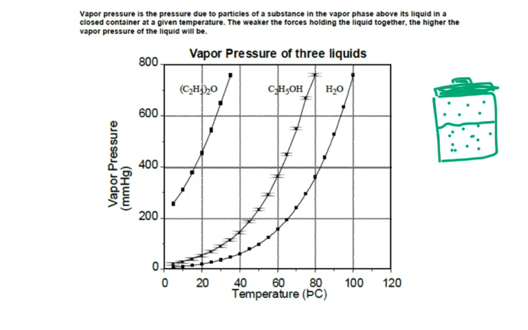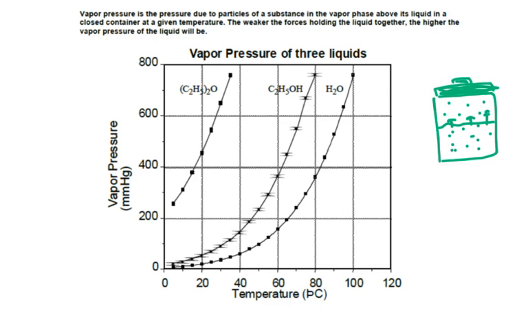If this was water, enough of the molecules on the surface get enough kinetic energy that they go into the gas phase, and they now create a pressure by running into each other and the sides of the container. So the point of this today is to talk about the relationship between IMFs and vapor pressure.